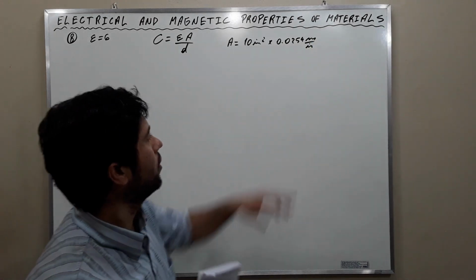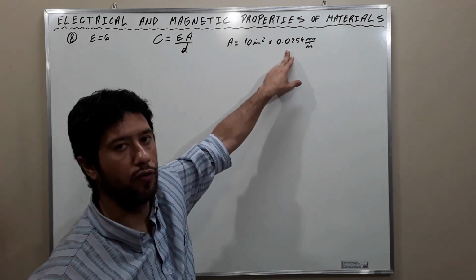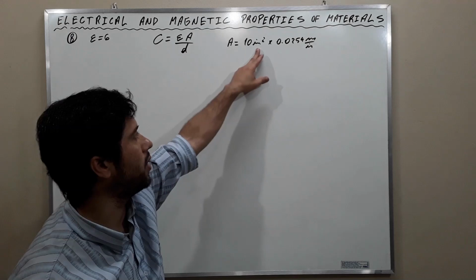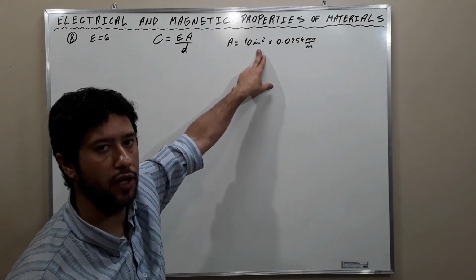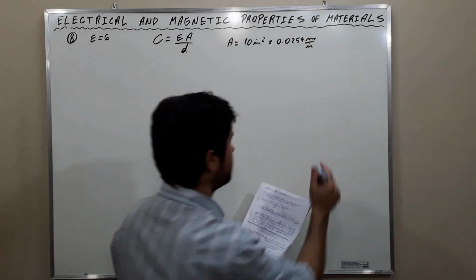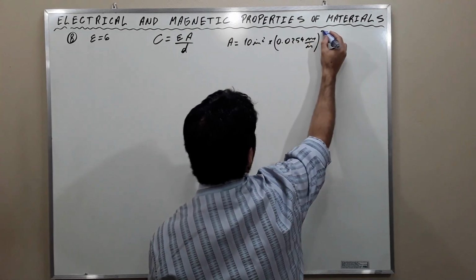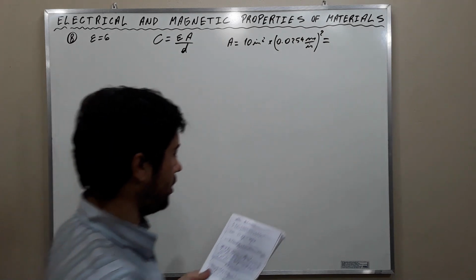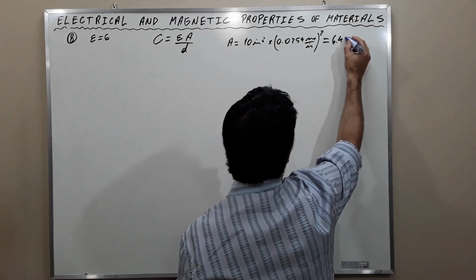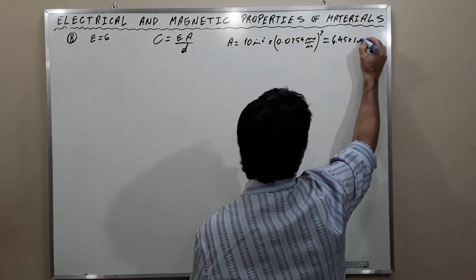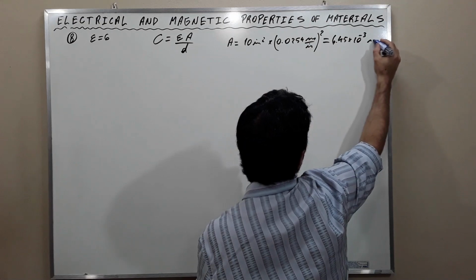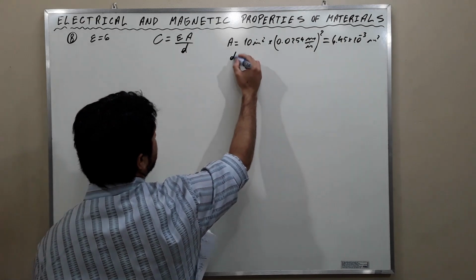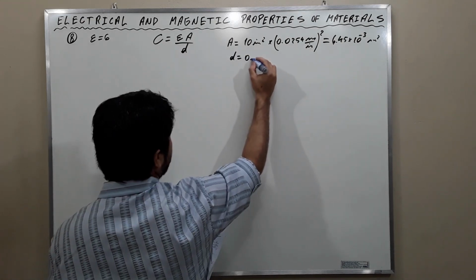Okay, this is how we convert from inches to meters. But as it is an area, we have to square it, and this unit conversion results in 6.45 times 10 to the negative 3 square meters.